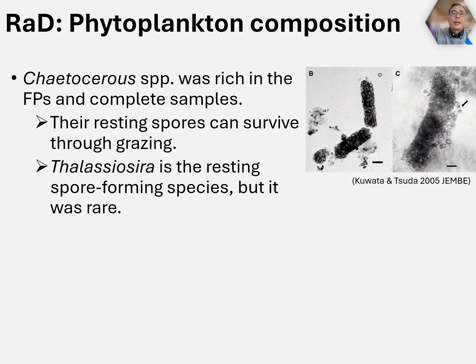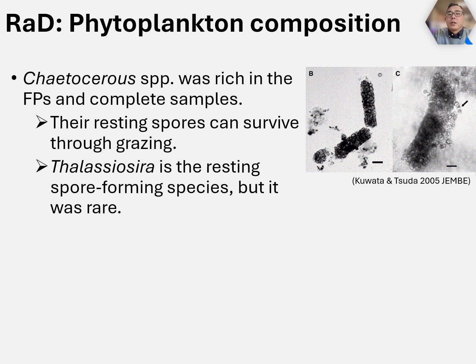Why are only Chaetoceros cells and Synechococcus transported in the fecal pellets? Chaetoceros cells form resting spores, and the spores can survive in the dark ocean and in the gut of zooplankton. We consider the formation of resting spores is important for the transport processes in diatom groups.